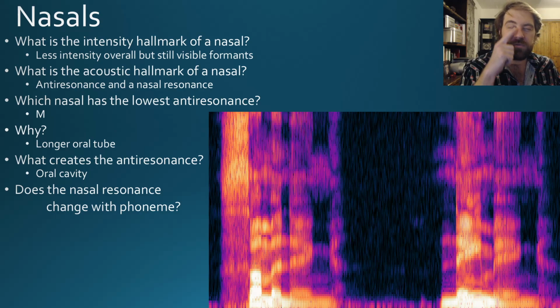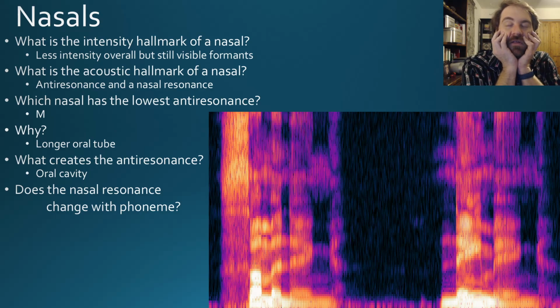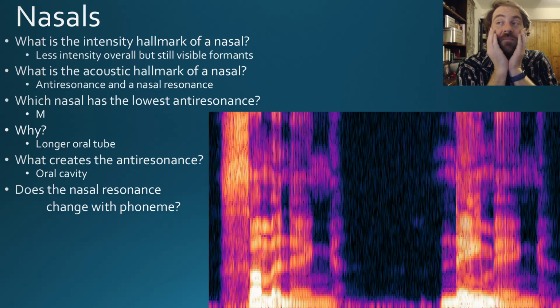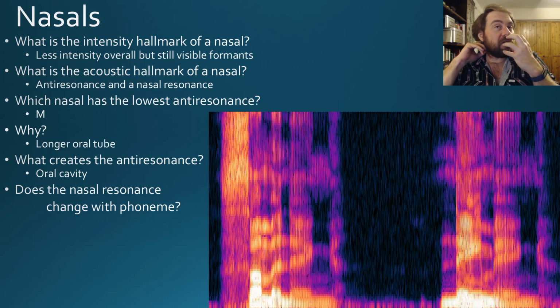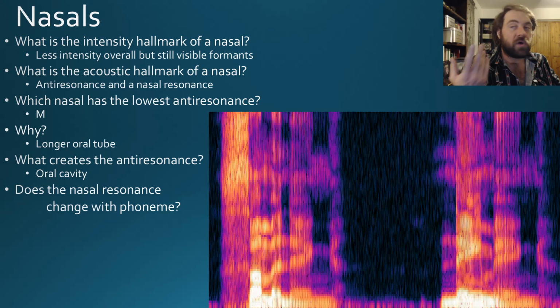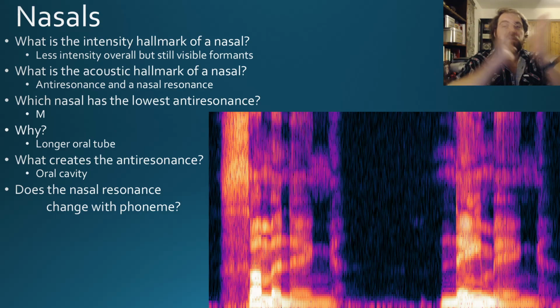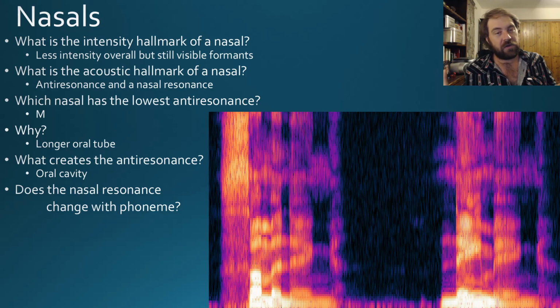The air is coming out through my nose here, which means that the oral tube is just a place for energy to get trapped. And because the M is made at the very front of the mouth, I've got all this distance right here for waves to collect. So it has a longer tube, which means it has a lower anti-resonance.